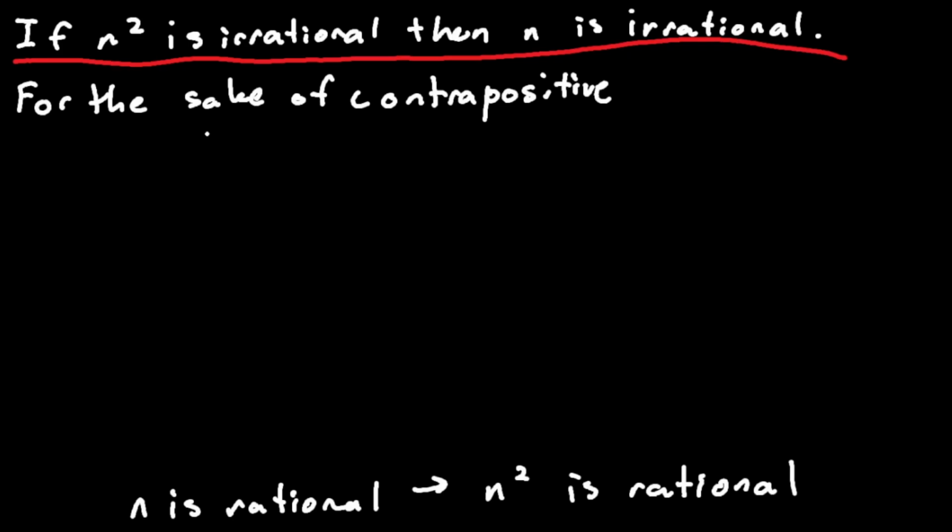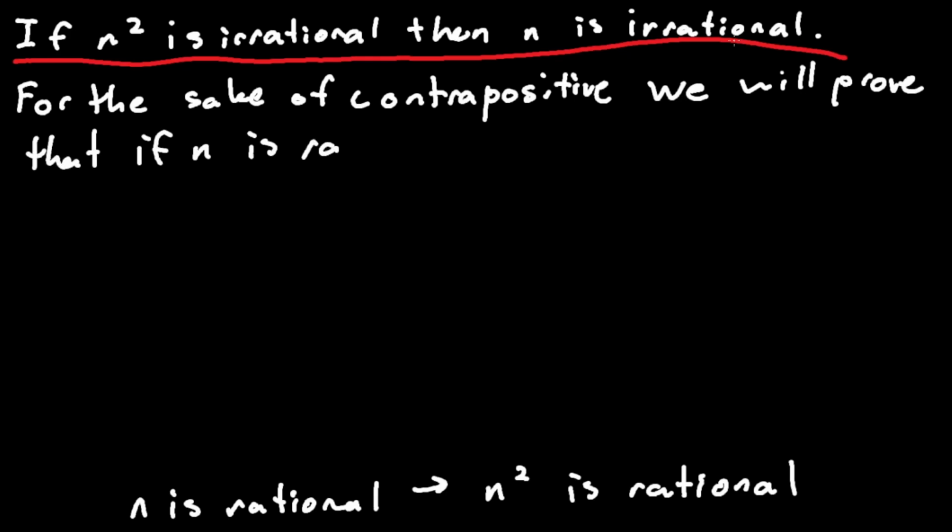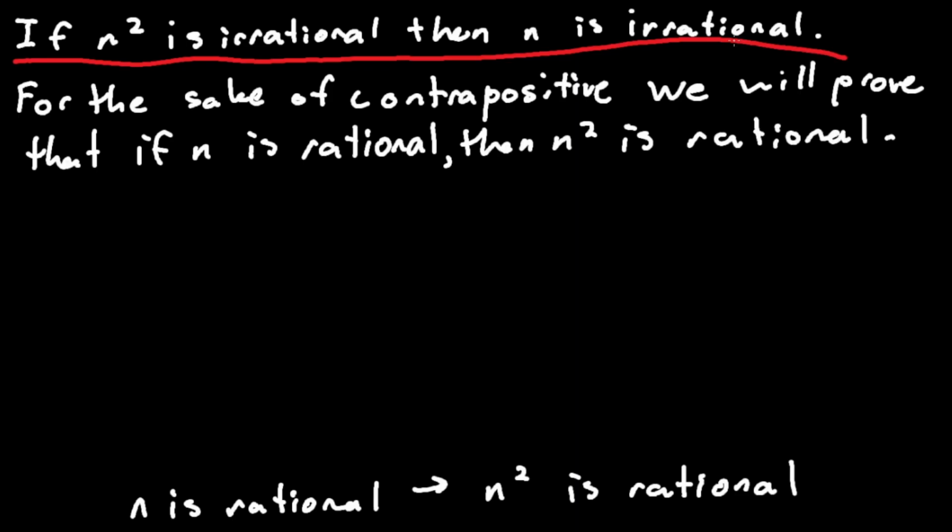You'll probably get full credit. So for the sake of contrapositive, we will prove that if n is rational, then n squared is also rational. So what do we do with this?